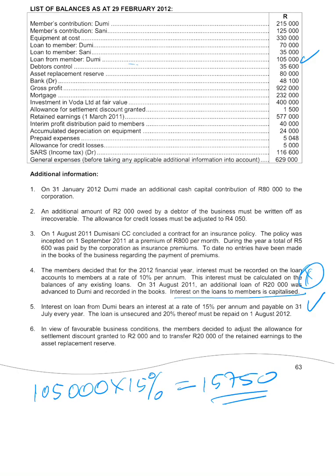Right, then so that's that. In view of business conditions, the members decided to adjust the allowance for settlement discount granted to 2,000 altogether. So the settlement discount, we are saying that it's an expense for the entity because you have adjusted the income that you were expecting to get.